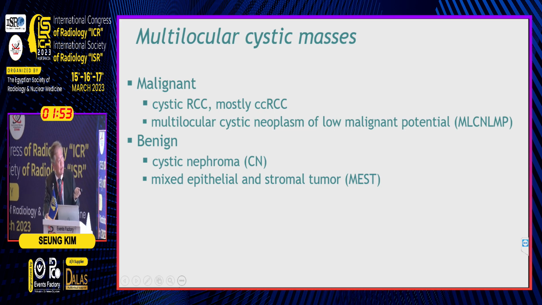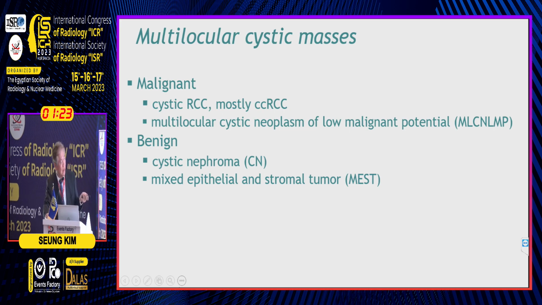And the second thing belonging to the malignant category has a long name, so-called multilocular cystic neoplasm of low malignant potential, MLCN-LMP. It's a long name. Formerly it was called multilocular cystic RCC, but now the official name is multilocular cystic neoplasm of low malignant potential. So think about those 2 malignant categories.